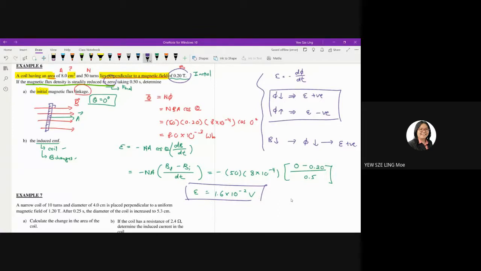So that is one of the ways that we use to check whether we got the right answer or not. All right, so that is the answer for example 6. I give you 2 minutes to write it down. Again, I want you to sketch the diagram, because I want you to learn how to visualize the questions. So 2 minutes for you to write it down.